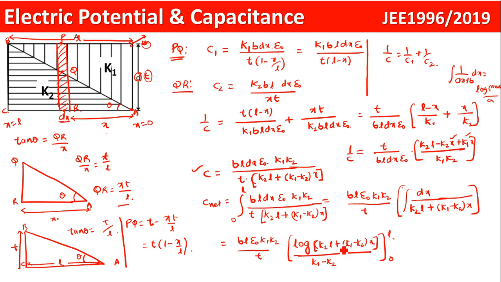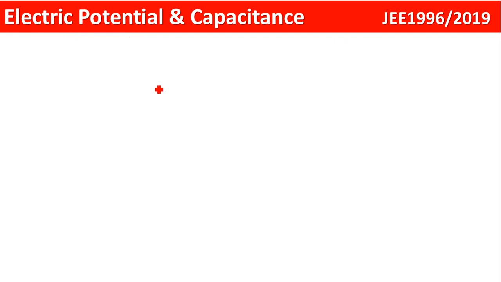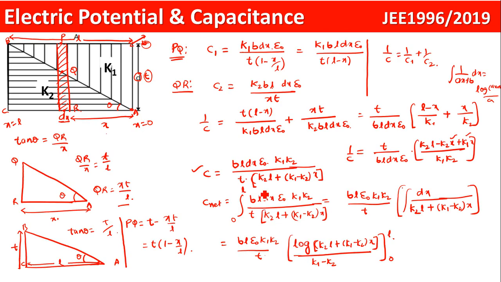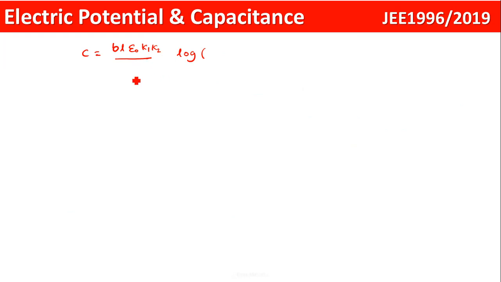If I substitute that here, let me write in the next page. Okay, so basically capacitance C is equal to BL epsilon naught K1 K2 by T into log of, let me write K1 minus K2 also out of the integration, T into K1 minus K2, log of K2L plus K1 minus K2 into x.